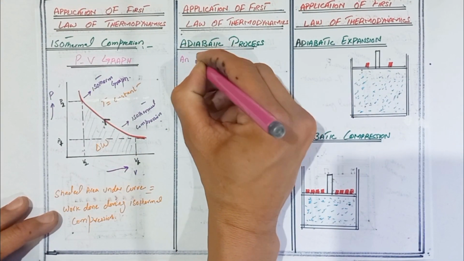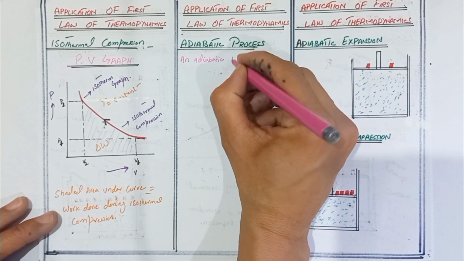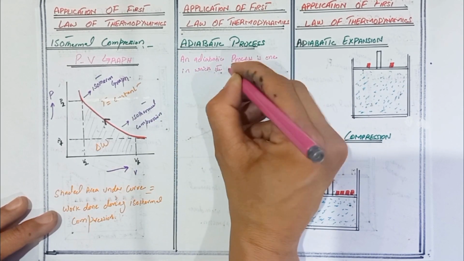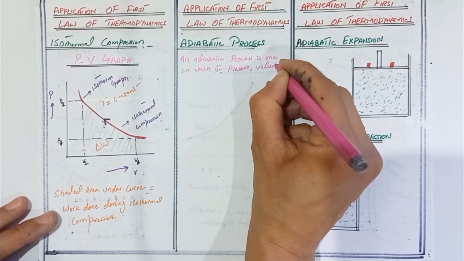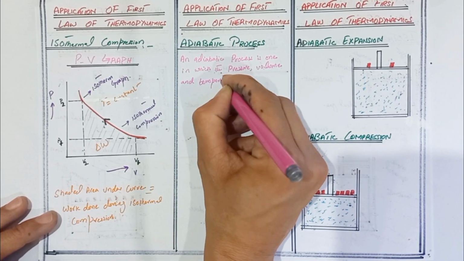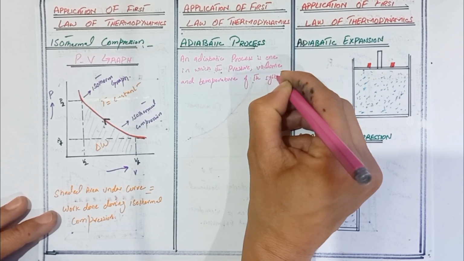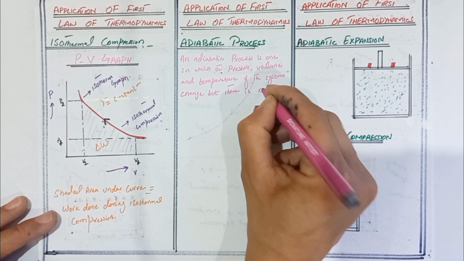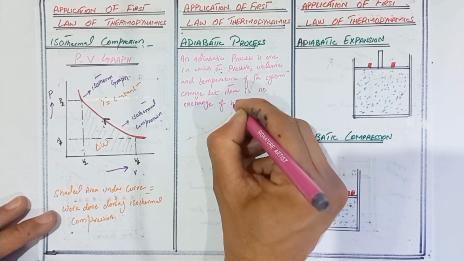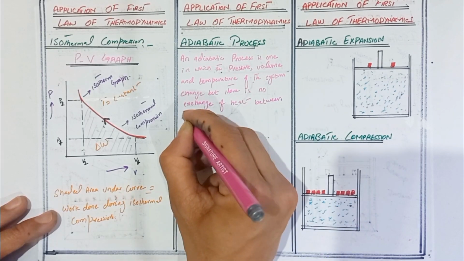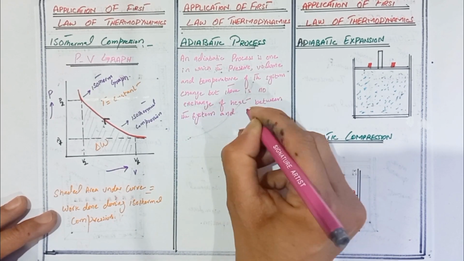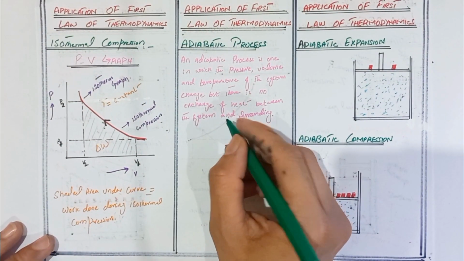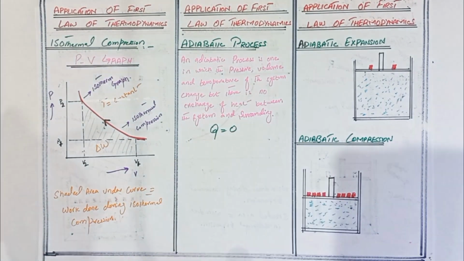An adiabatic process is one in which the pressure, volume and temperature of the system change, but there is no exchange of heat between the system and surroundings. When no heat is exchanged between system and surroundings, heat Q is equal to 0.